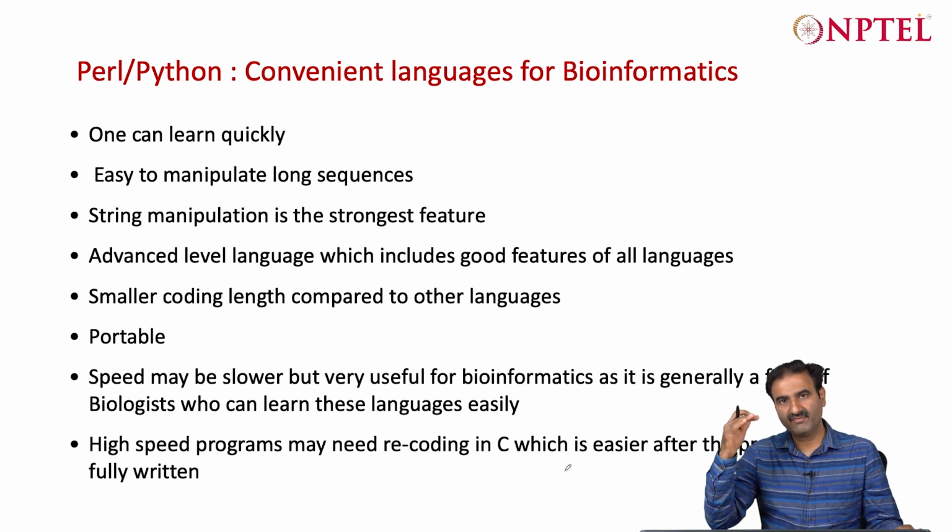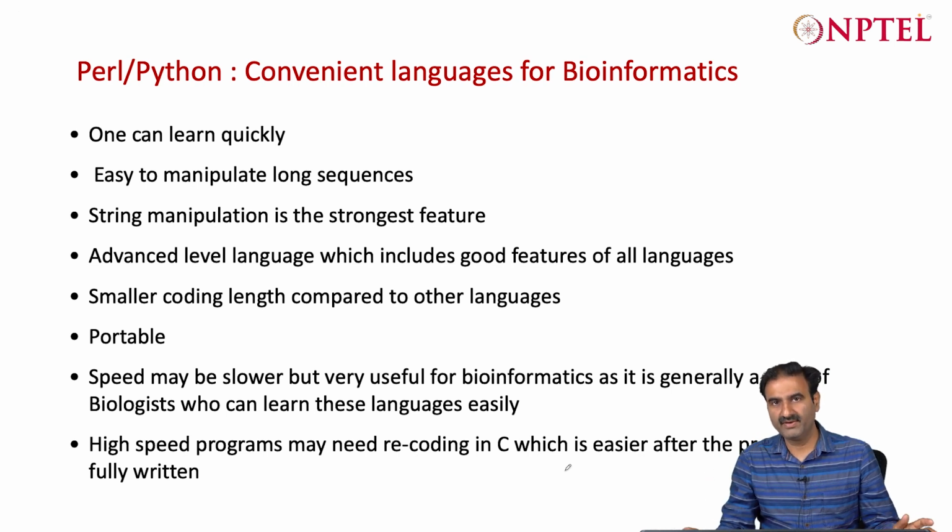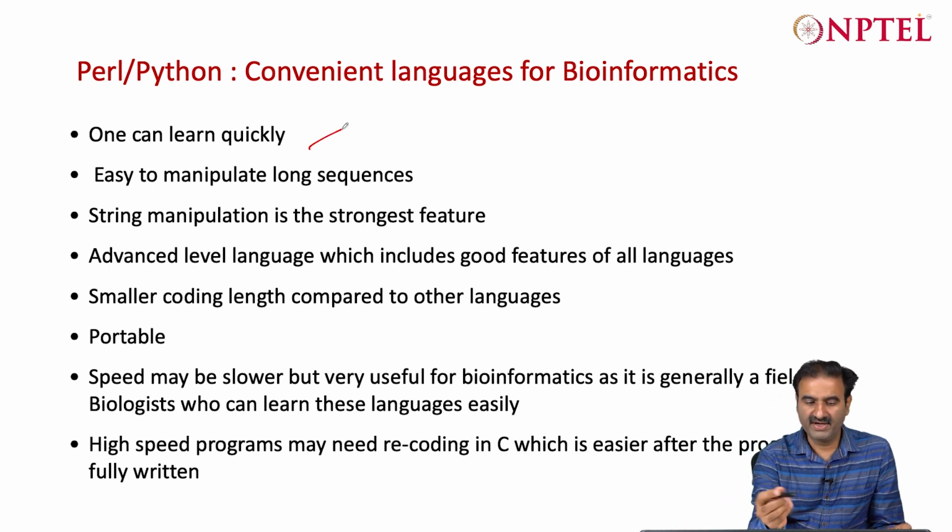Like you may write 100 lines of code in C, which you can do in 5 or 10 lines in Perl, because many things are already pre-built as functions. And once you have developed a program, you can also convert it to an executable file. So one can learn it very quickly.